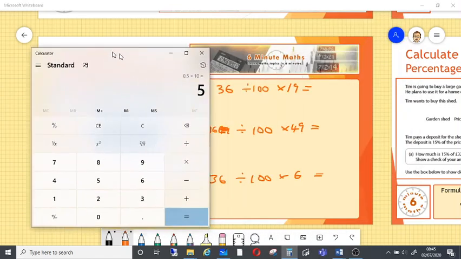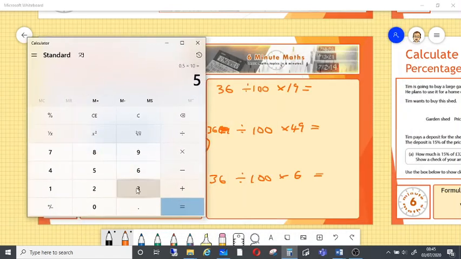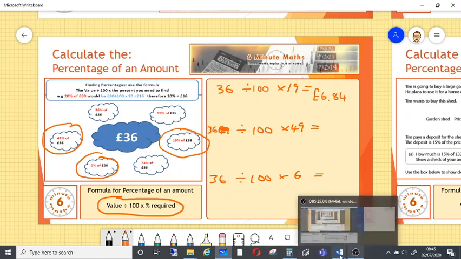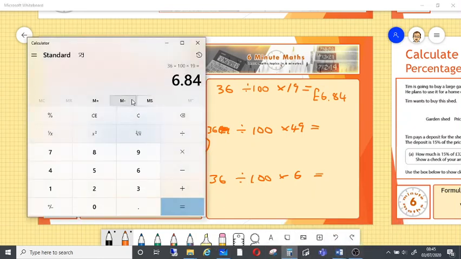There it is. First one, 36 divided by 100 times 19 will tell us what 19% of 36 is, and it is £6.84. So I can pop that in there, £6.84. Do the next one. We're finding 49% of 36. So 36 divided by 100 finds us 1%.